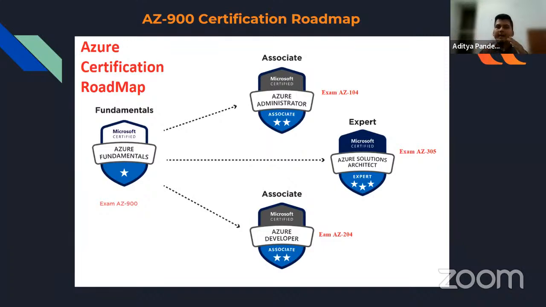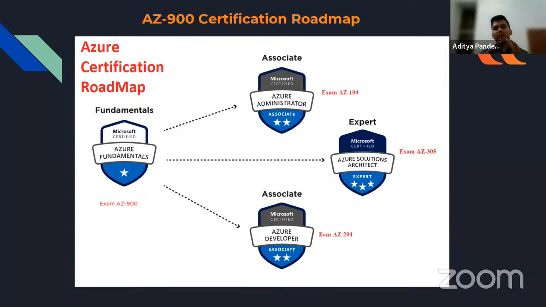So that's why it is advised to appear for the AZ-900 examination first, because there are many other fundamental certification examinations which Azure has, but AZ-900 covers all the aspects of Azure, right? There are DP-900 and AI-900, but those certifications cover only data, and AI-900 covers artificial intelligence in Azure.